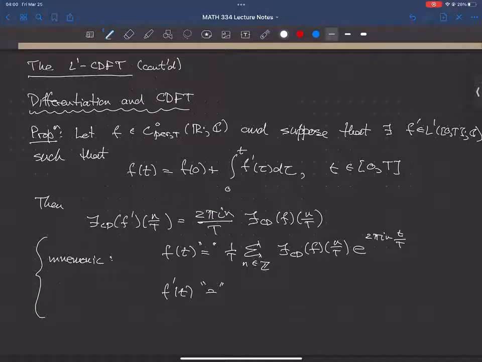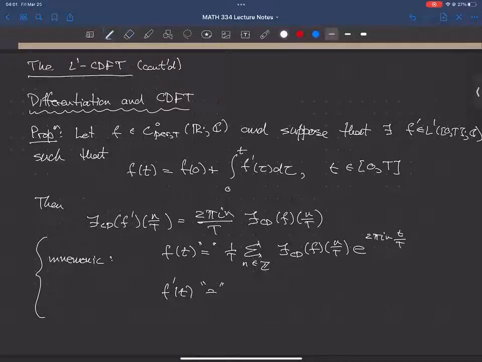What are you going to do? Well, since we're able to do whatever we want, we're going to take the derivative inside here. Okay, and then we're going to get 2 pi i n over T. Sorry, we need to put the sum outside.